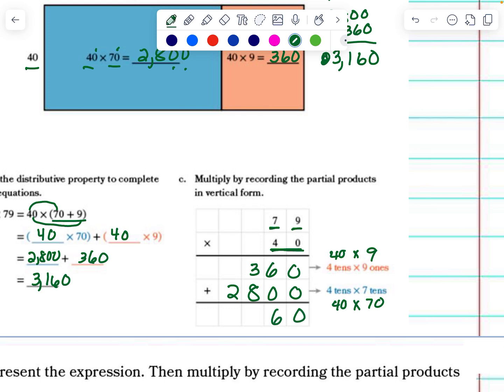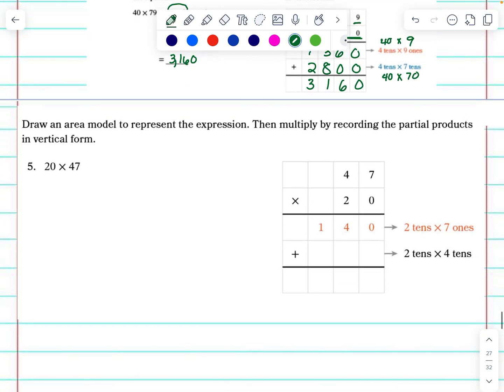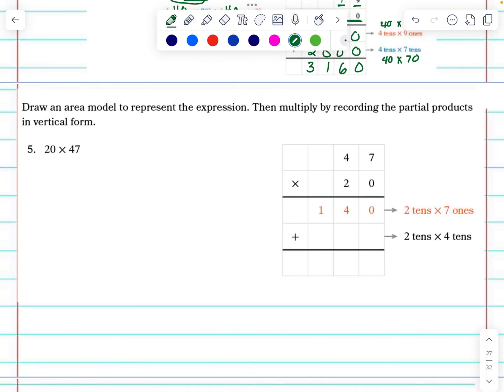Add the 2 together, and we have 3,160. Okay. Number 5 wants you to use area model and partial product. Do it, and we will check it.